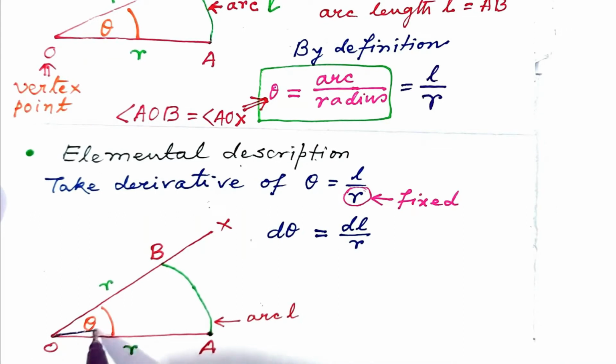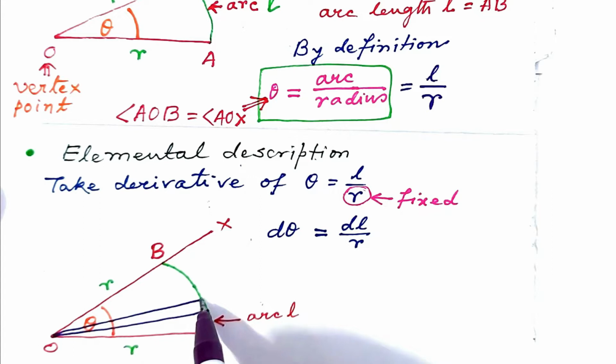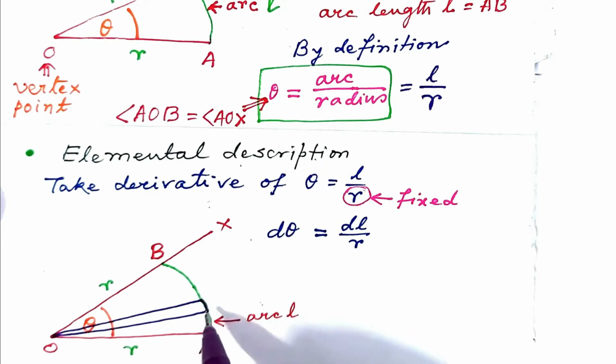Let us draw this line from O and another line at a very small, in fact infinitesimally small, angular separation. In other words, we focus our attention on this arc, an infinitesimal arc length, which is an infinitesimal portion of the arc AB.